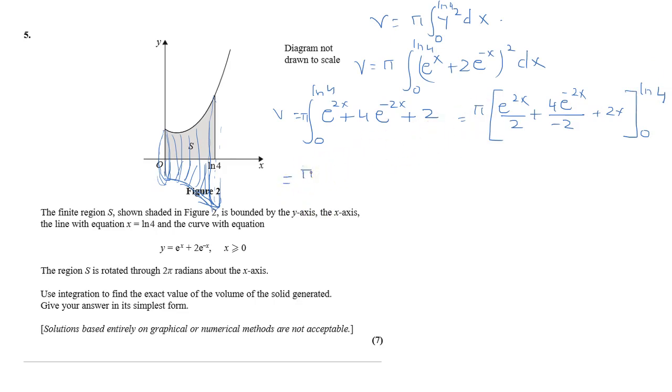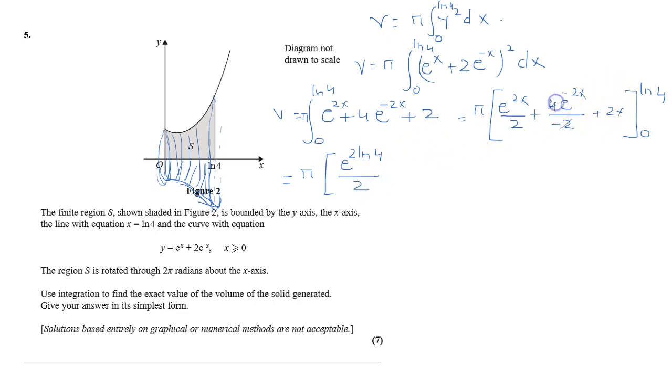So pi times e to the power 2 ln 4 over 2.